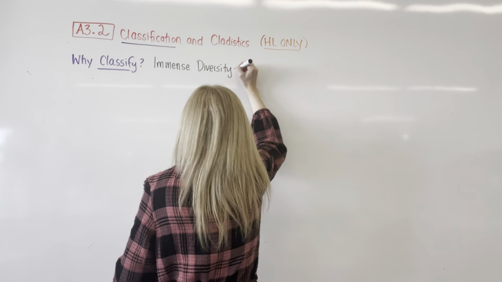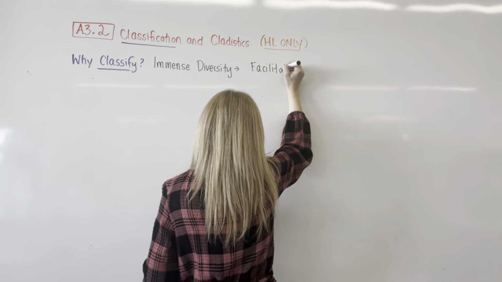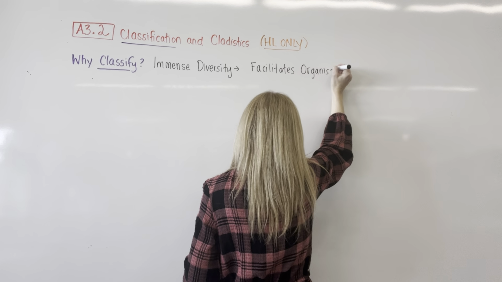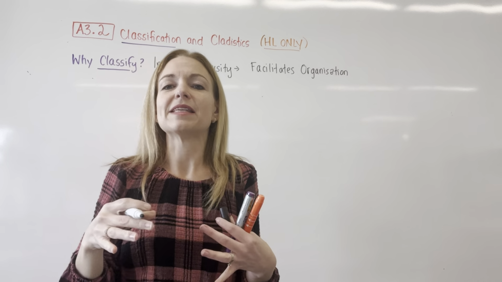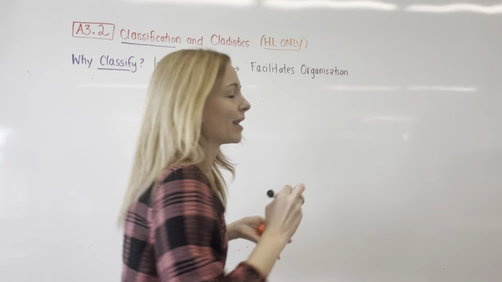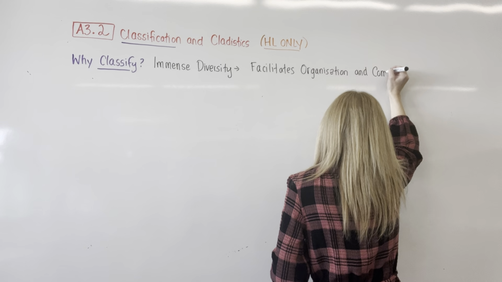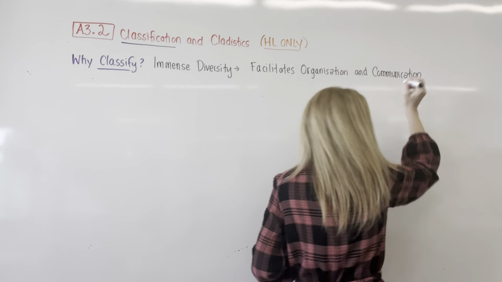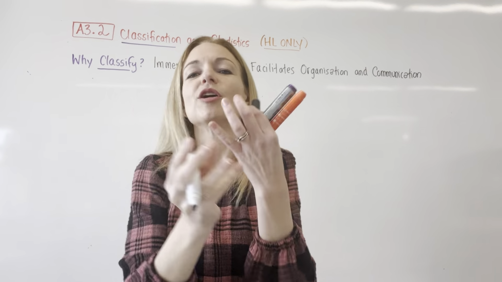So what classification does is it facilitates two things. First, it facilitates organization, so we have a reason for where we can access information. And then if you have an organization system where you know where different things sit, that allows for communication. So we can say, okay, I now know that we are all talking about the same fern because we're using this name for it and we know it belongs in this group.